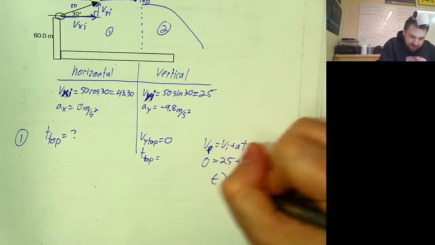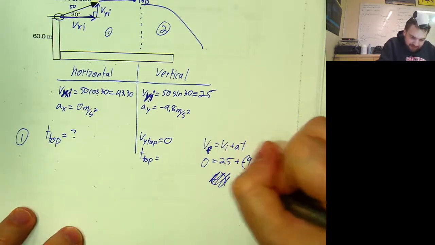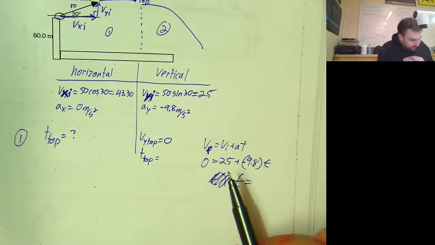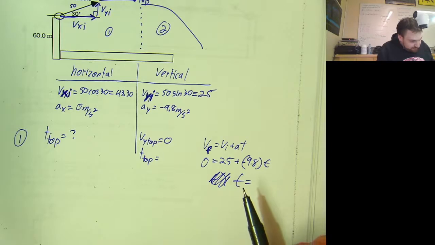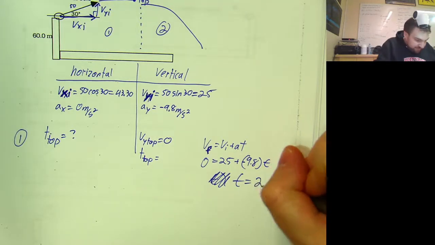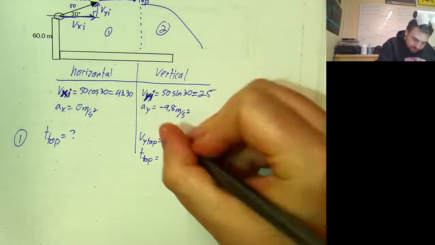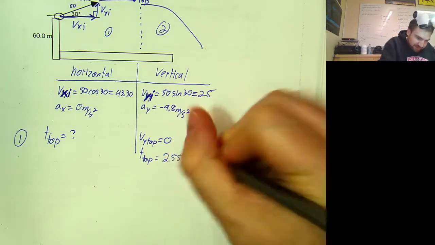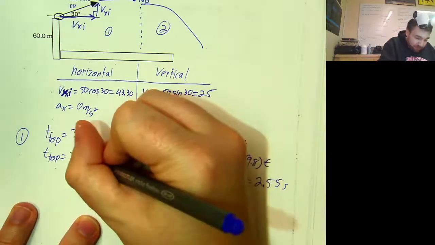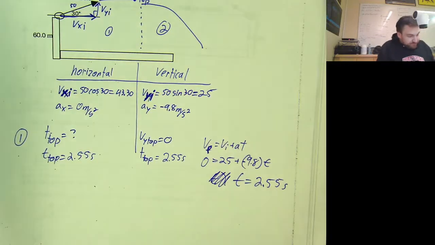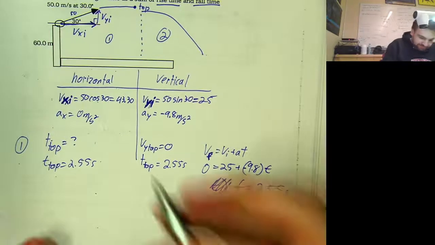It gives us a time of 2.55 seconds. T top is 2.55 seconds. I'm just going to put it everywhere. 2.55 seconds. And now I want the time from the top to the bottom.